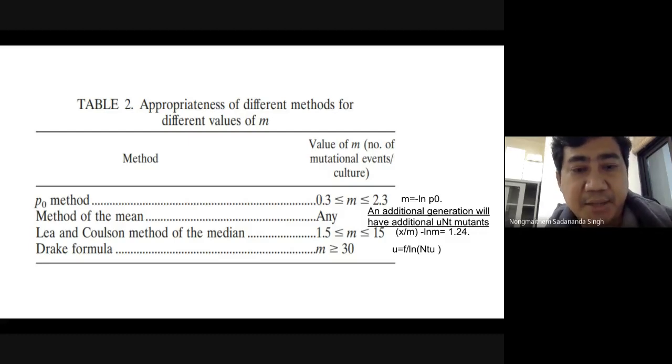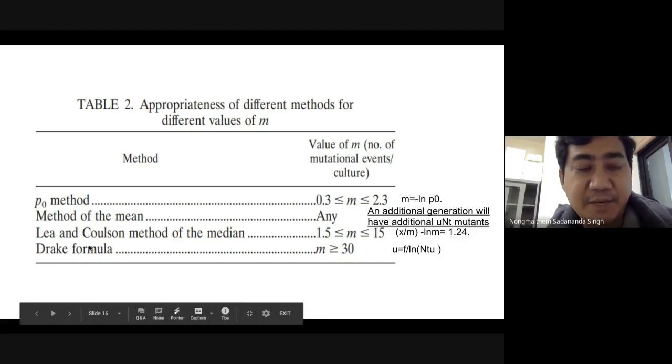Another one that I just started, the Lea-Coulson method of the median, is another way, and this holds true only when M, or mutation number, is between 1.5 and 15. That can be calculated using this formula, where the number of mutations you observe is used to calculate the m value.